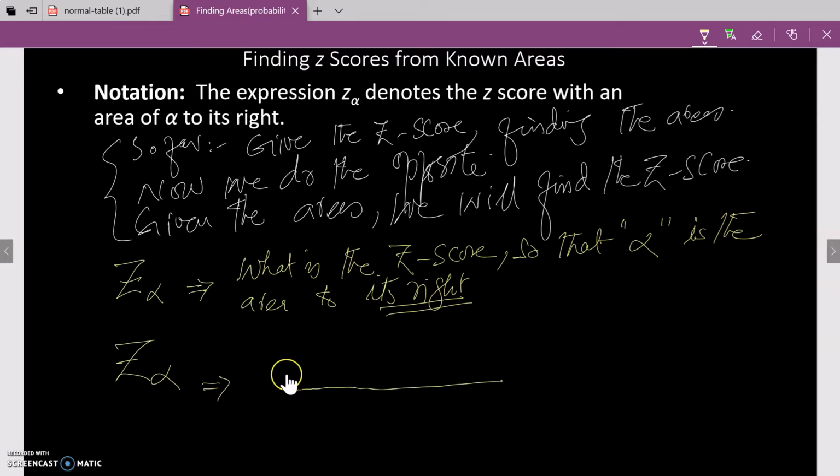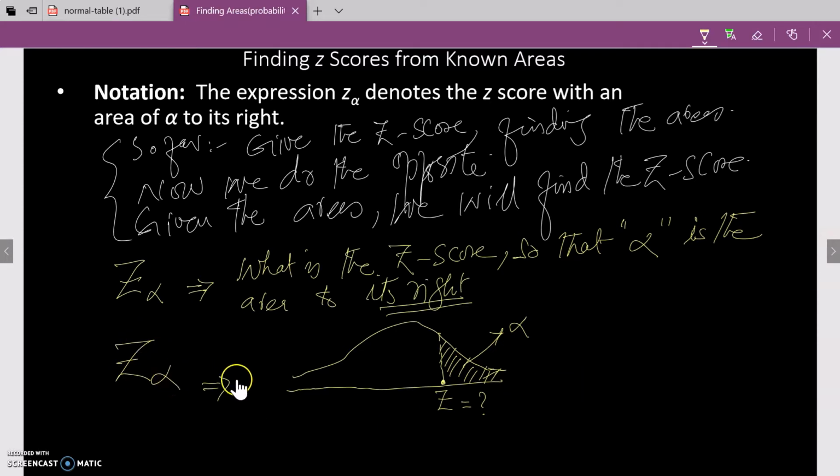I have a normal curve like this, and I'm interested in the z-score. What is the z value such that this area is alpha. So this is important that you understand this notation.